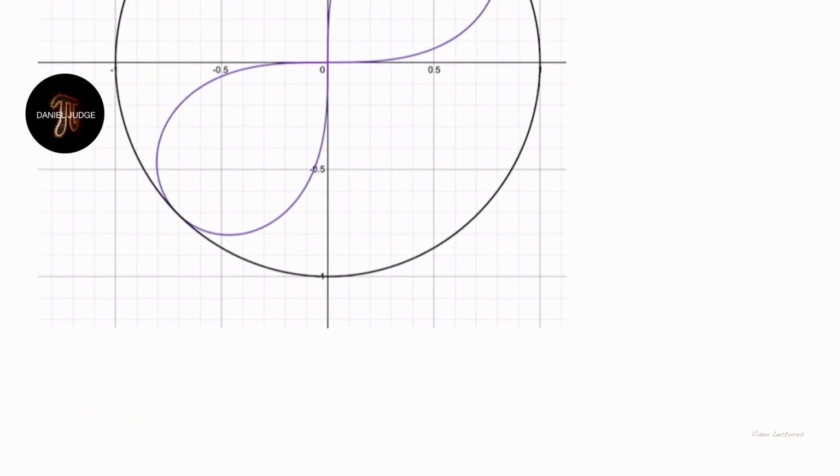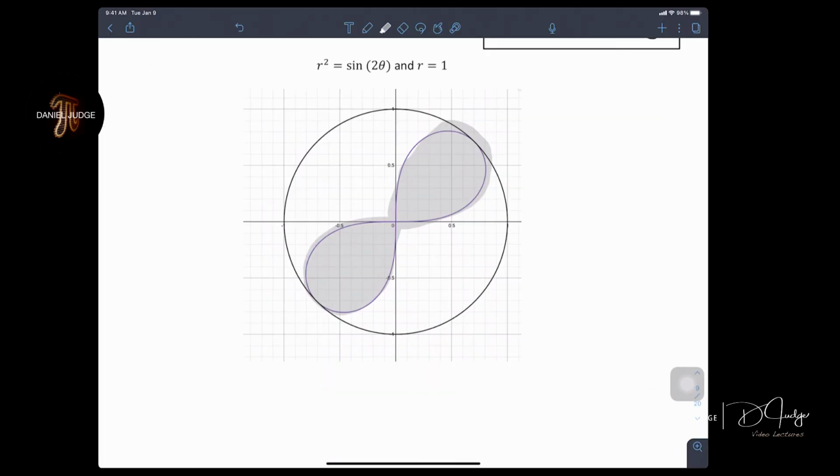Okay, I believe this is still my instructions, area inside both curves. Now, what that really means for us, area inside both curves, is what you see here. This is still the area inside both curves scenario.